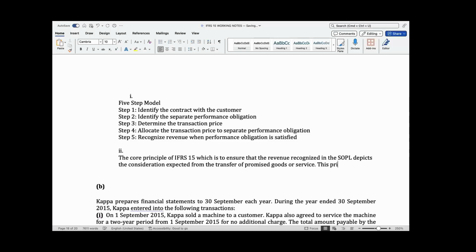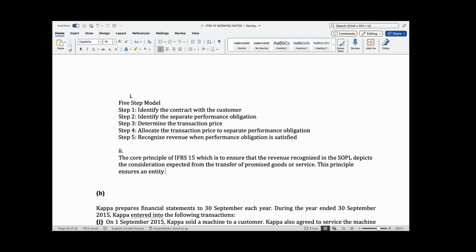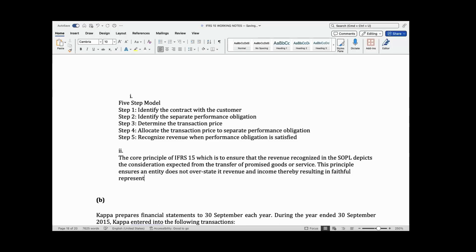So these principles ensure that an entity does not overstate its revenue and income, thereby resulting in a faithful representation of the financial performance of the entity.